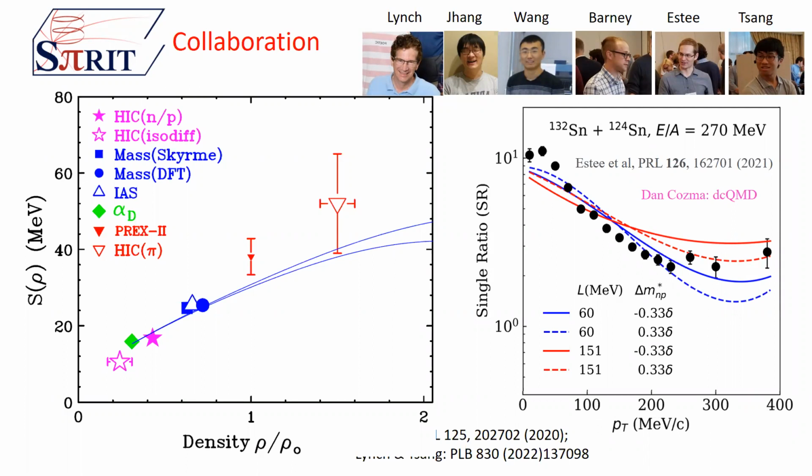So we actually have an N over Z dependence. The ratio is higher than what you expect from the simple N over Z ratio because of the production of pions.